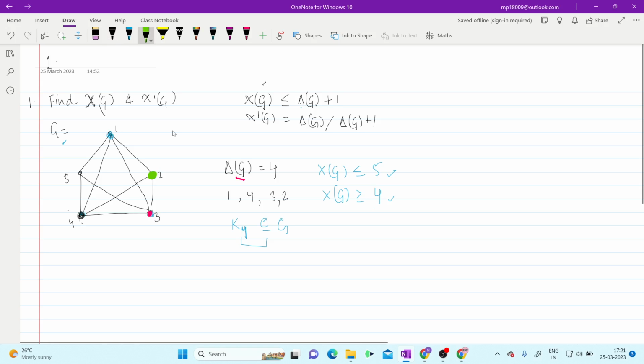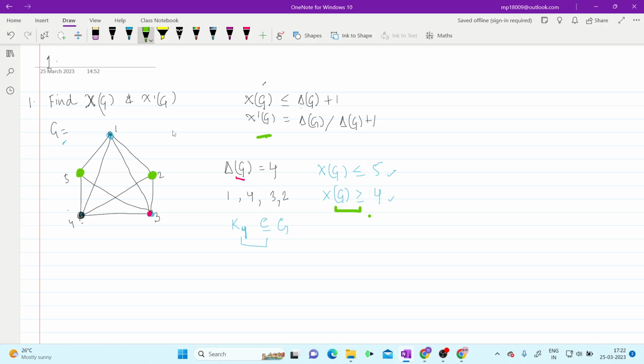So we can color this vertex green. We see that we are able to color the vertices of this graph with four colors, and we know we need at least four colors, therefore the chromatic number is indeed 4.